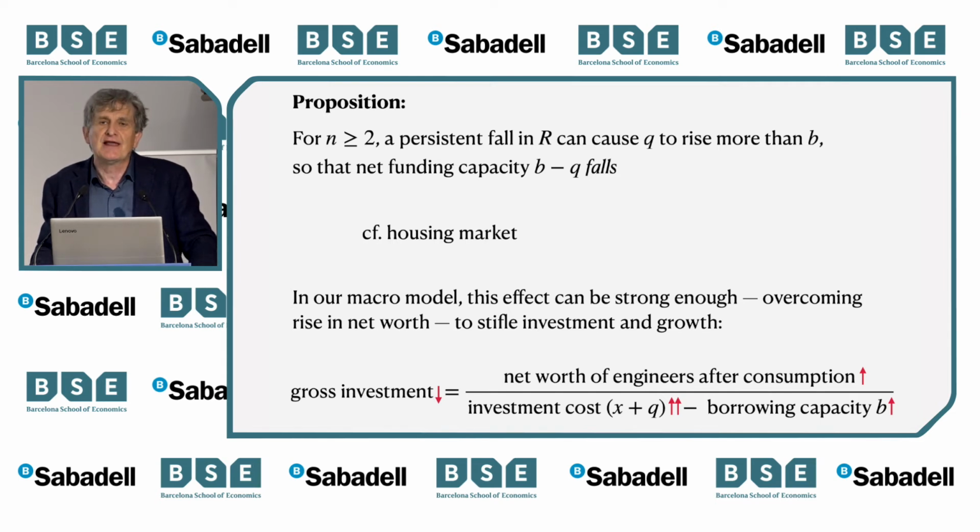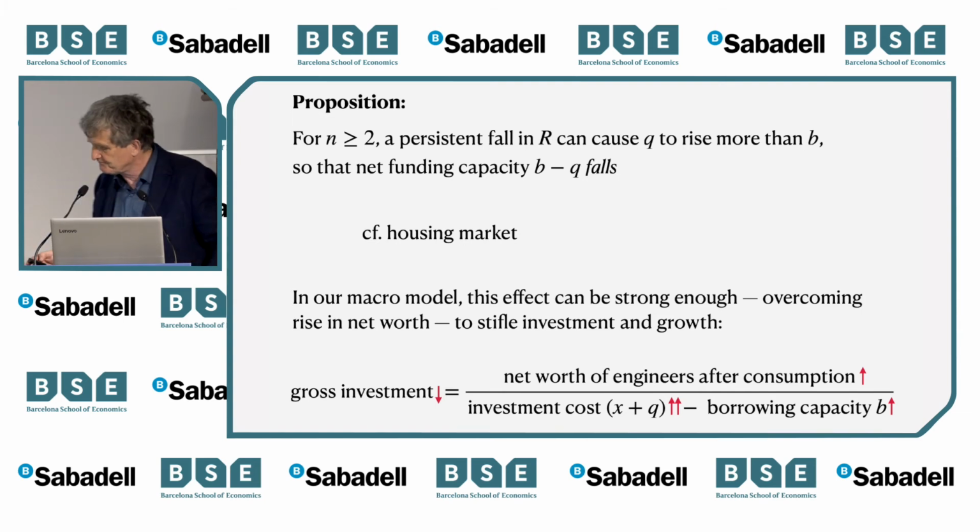But on further reflection, they might answer, actually, no, I'd prefer interest rates to be higher, because the price of houses has gone up disproportionately more than the ability to borrow. So that's Q minus B going up. It's great news for old people who've got a house, of course, but it's bad news for newcomers.